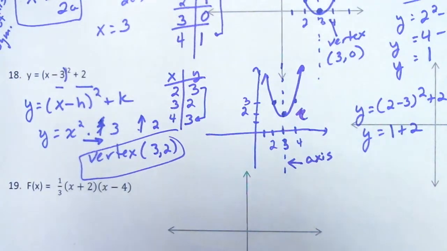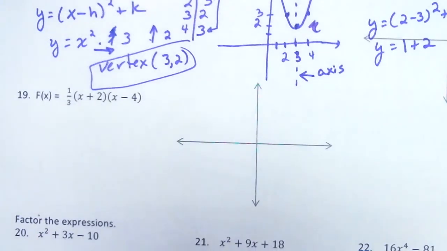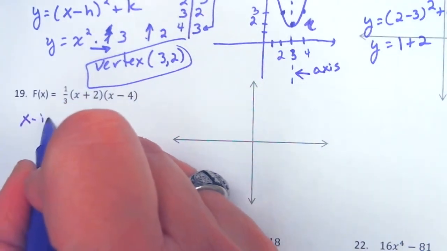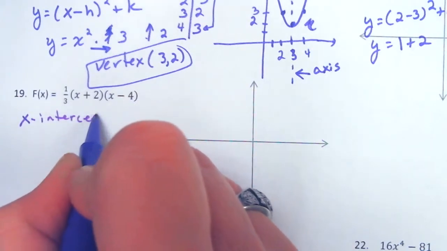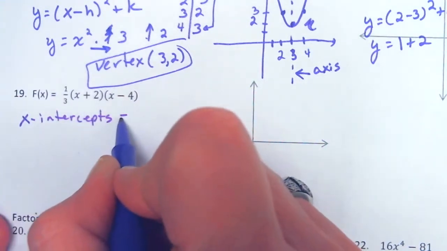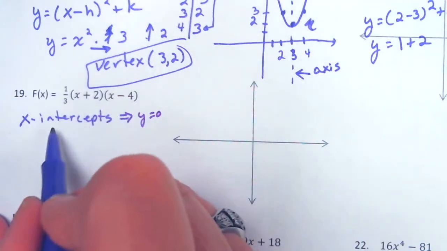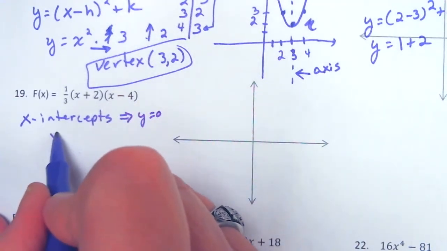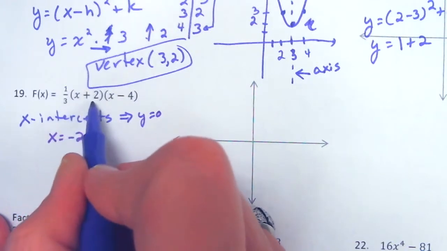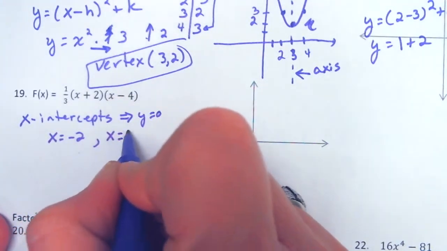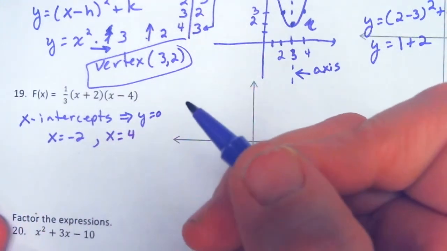All right, well, let's just do number 19 anyway. This one is in factored form. So the best thing to do is first find the x-intercepts. And that's where y equals 0. So if I set this whole thing equal to 0, either x would equal negative 2, because negative 2 plus 2 equals 0, or x would have to equal 4, because 4 minus 4 is 0.